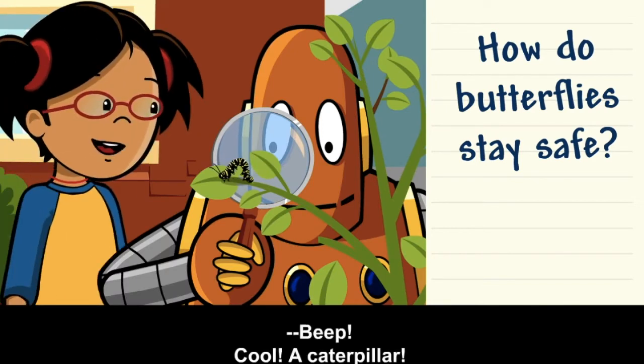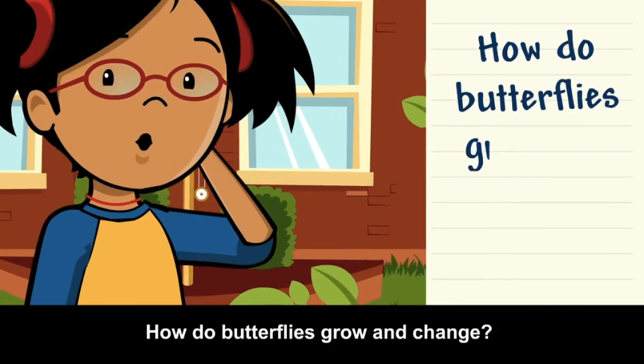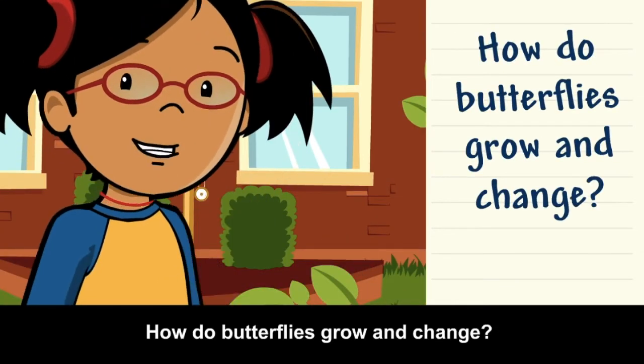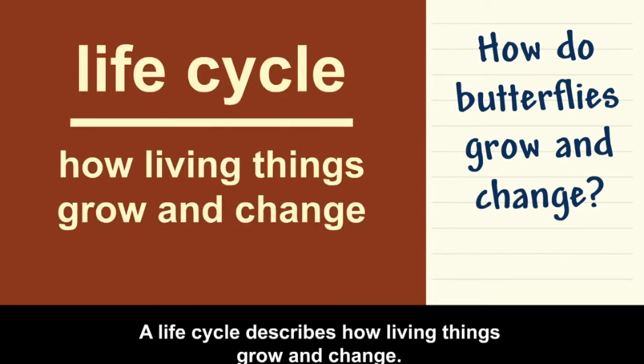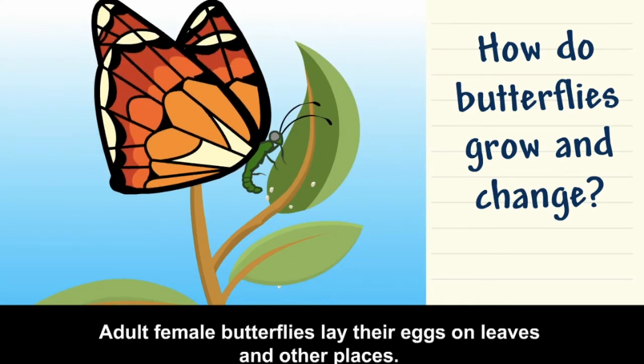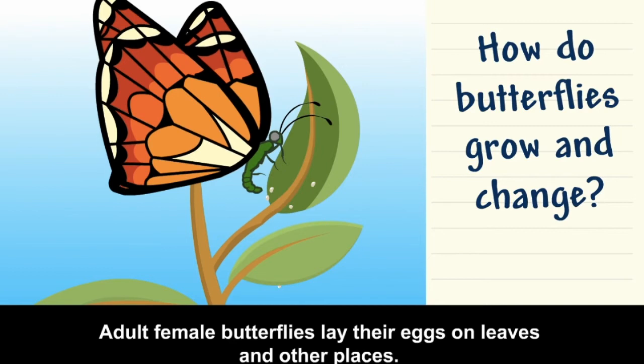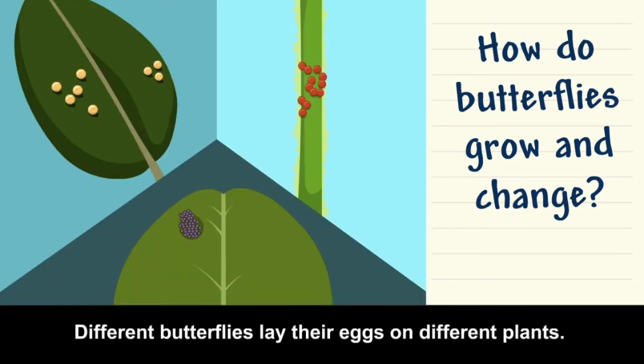Cool, a caterpillar. How do butterflies grow and change? A life cycle describes how living things grow and change. Adult female butterflies lay their eggs on leaves and other places. Different butterflies lay their eggs on different plants.